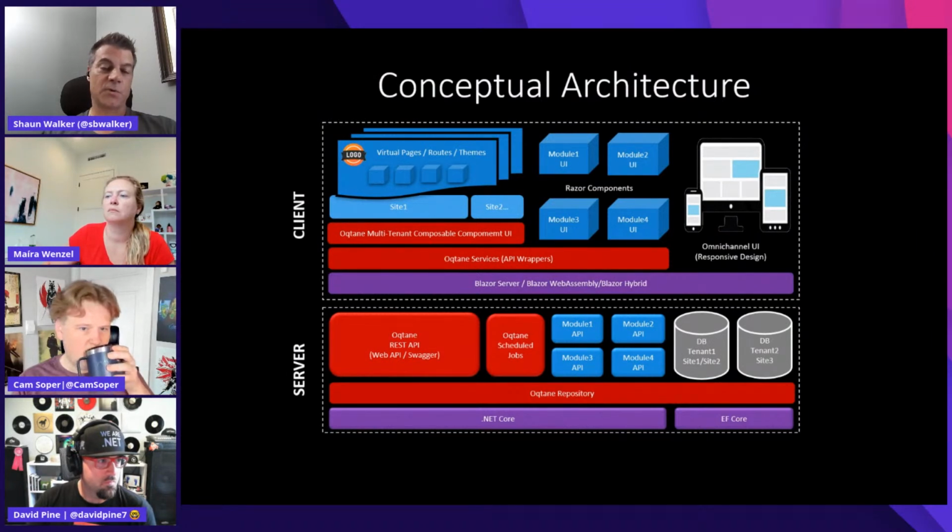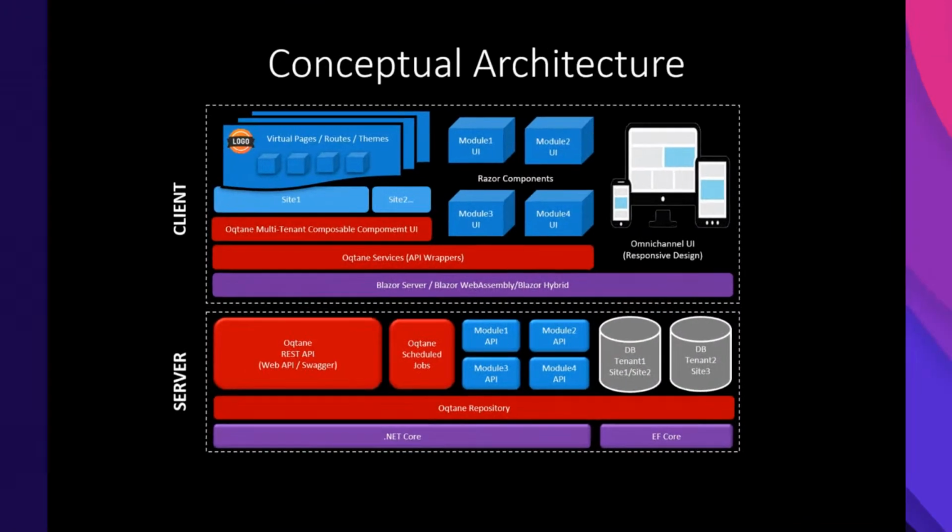Conceptually, the architecture for Oqtane, for anyone who's technical, is not too surprising. It uses the client-server model that is popular and is almost a basic requirement within Blazor. The interesting part here is that one of the goals of Oqtane from the very beginning was to support all of the hosting models, not just cater to one specific hosting model.